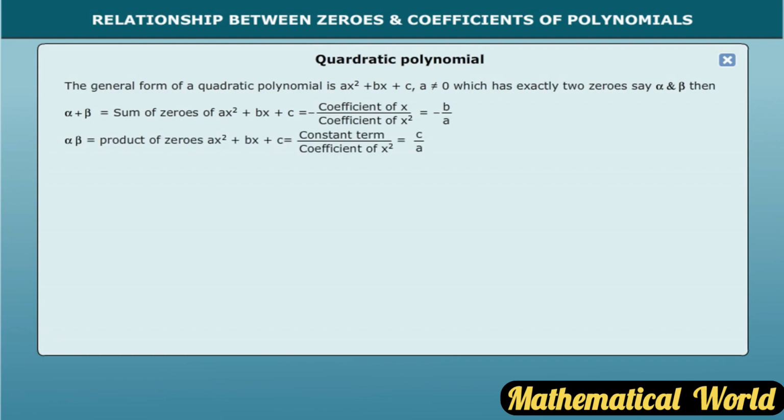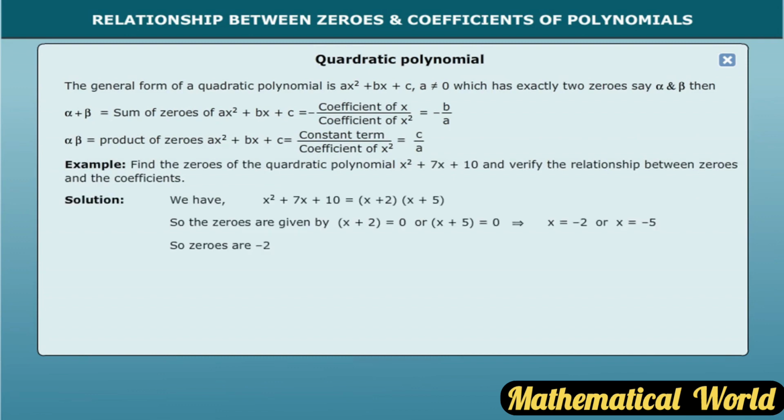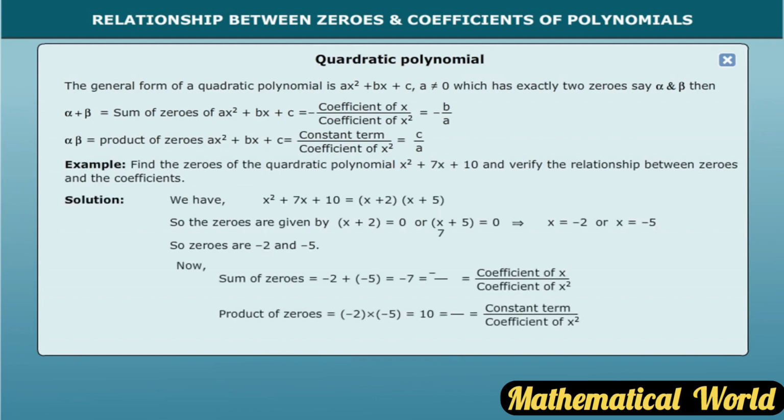Now we will understand this with the help of an example. In this example, first we will find the zeros of the quadratic polynomial x square plus 7x plus 10. We see that the zeros are minus 2 and minus 5, and clearly the relationship between zeros and coefficients holds.